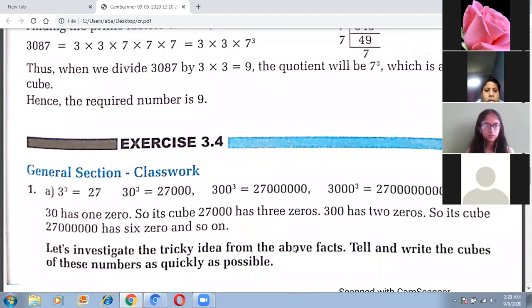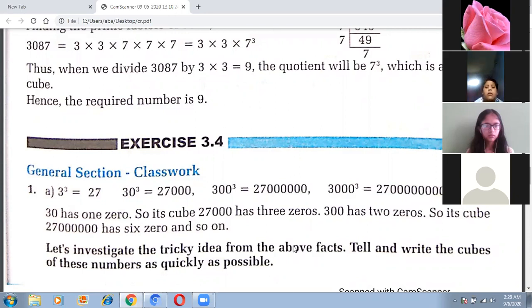Question number 1. 3 cube means 27. 30 cube, 27,000. Yes. 30 has 1 zero. So its cube, 27,000, has 3 zeros. 300 has 2 zeros. So its cube has 6 zeros.